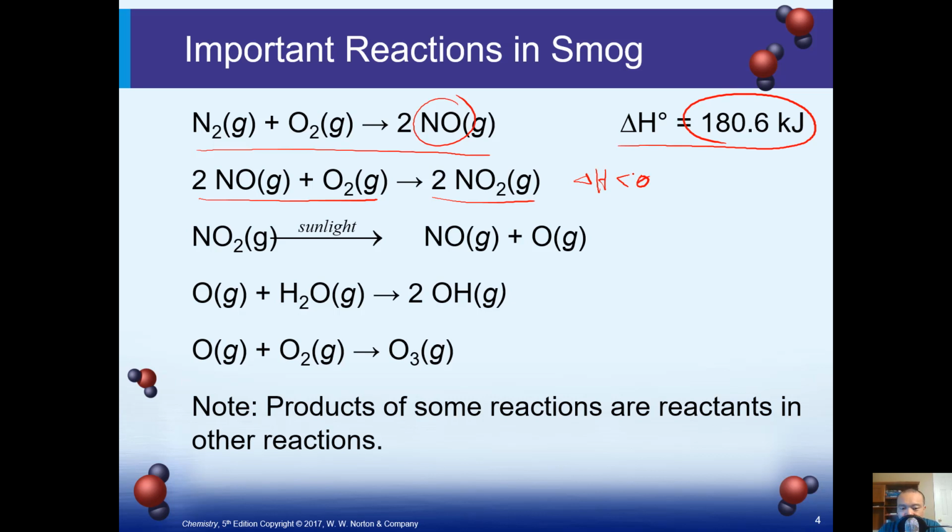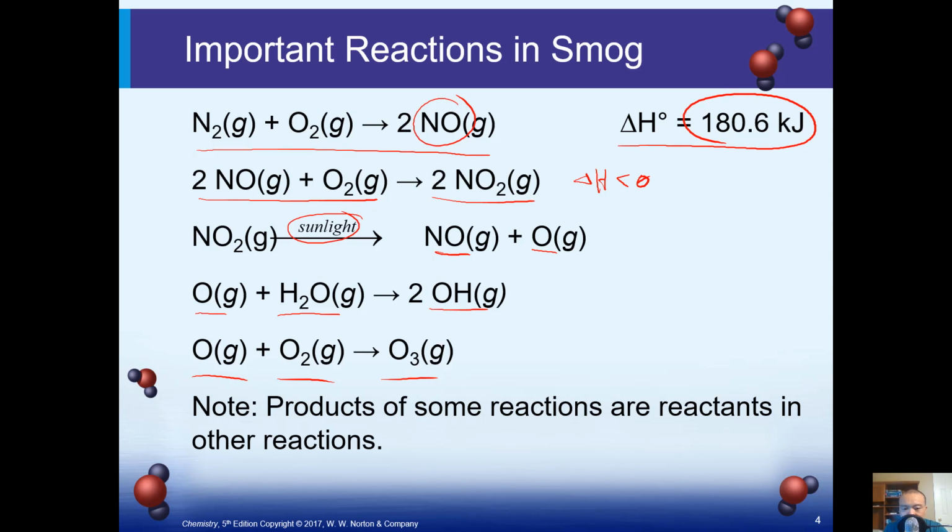In the third reaction, sunlight provides the energy to break bonds in nitrogen dioxide to form nitrogen monoxide and oxygen atoms. These oxygen atoms can then combine with oxygen to form ozone, or they can also react with water to form OH radicals.